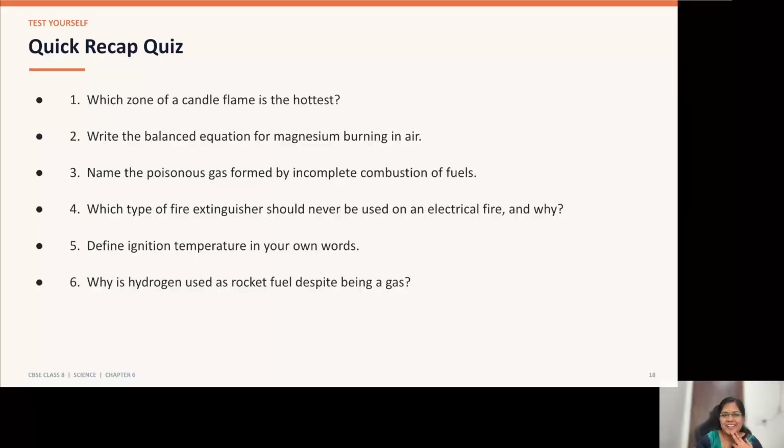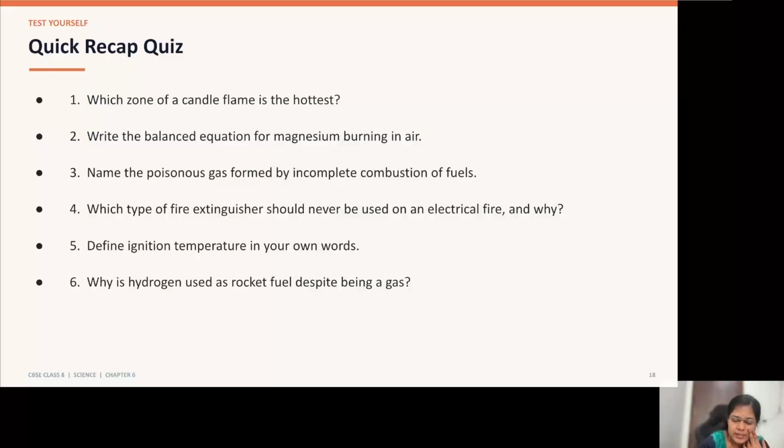Now let me ask you a few questions. If you have understood the concept well, you can answer. Shall I ask? Please go through the questions for a quick recap. Which zone of a candle flame is hottest? Yes, the outermost zone. Then write the balanced equation of magnesium burning in air.